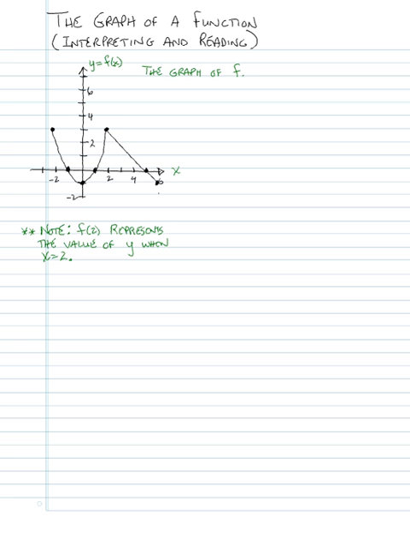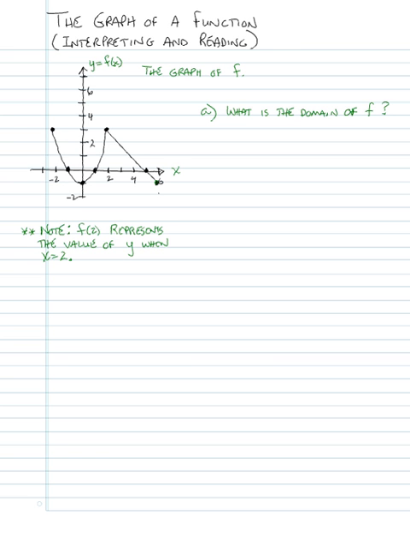So the very first question that we're going to be asked about in this case is, what is the domain of f? Now we don't have a formula. Okay, we don't have a formula here. So we're going to assume that we're looking at the entire graph.